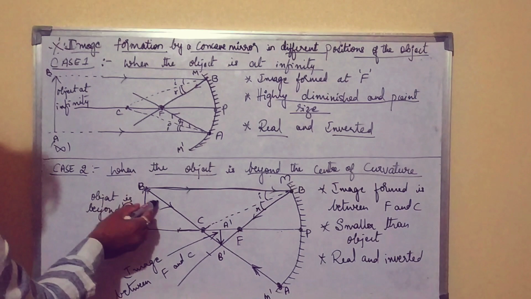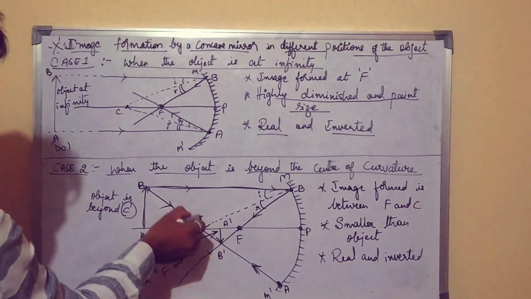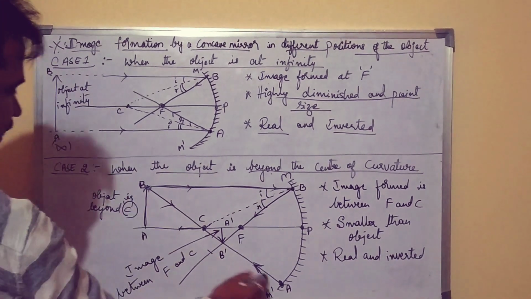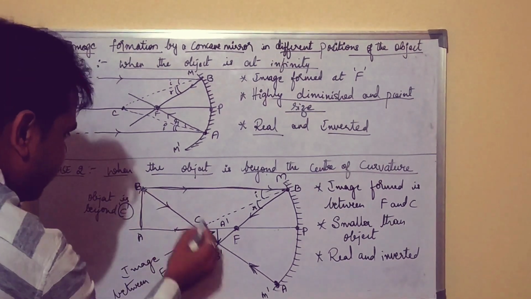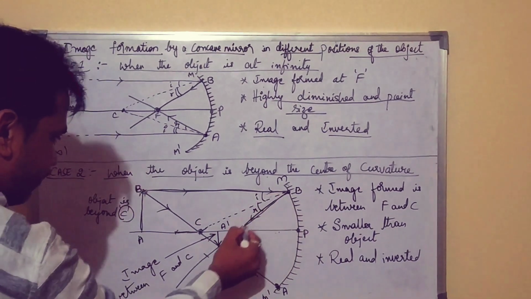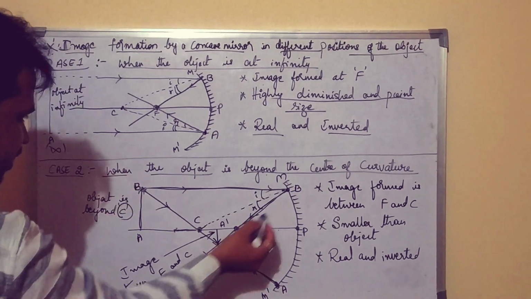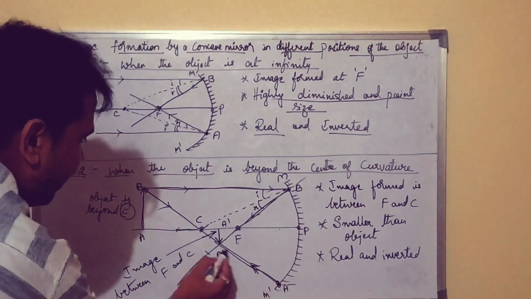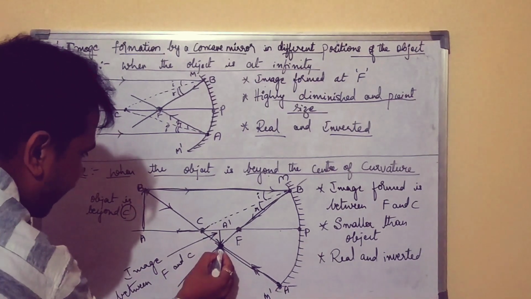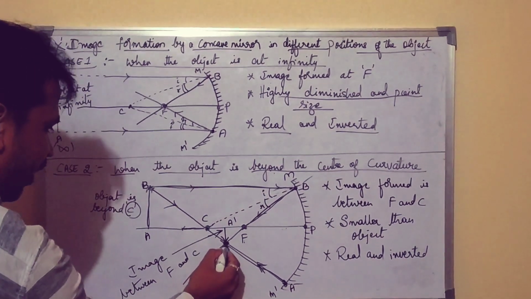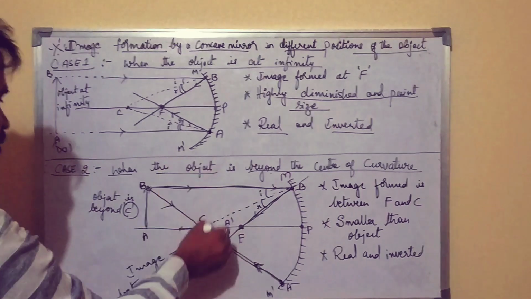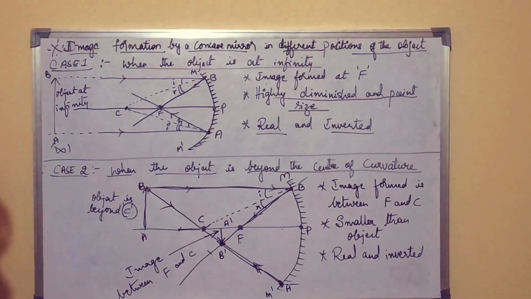One more ray is traveling through the center of curvature, so that the reflected ray retraces the same path. These two reflected rays, from point B and point A, are meeting at some point. At this point, you expect the position of the image. Where is that position of the image?